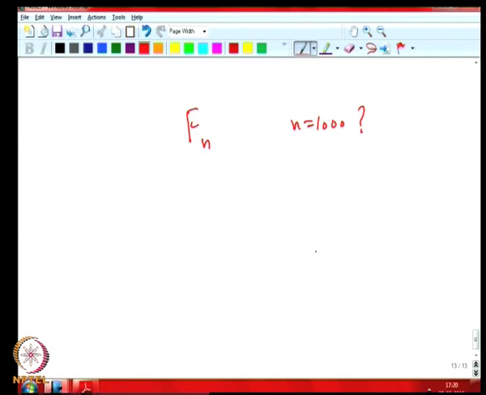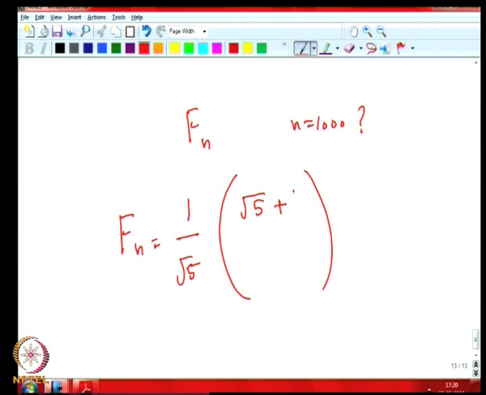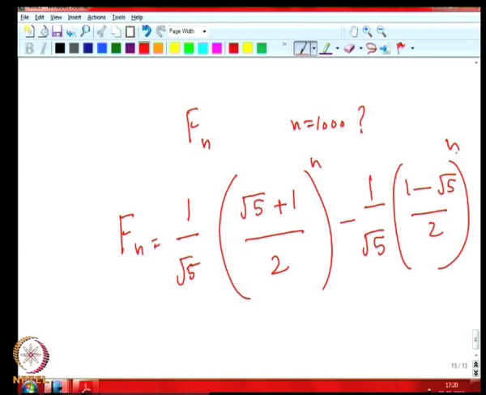The formula is Fn equal to 1 by root 5 into (1 plus root 5 by 2) whole raised to n, minus 1 by root 5 into (1 minus root 5 by 2) raised to n, right?